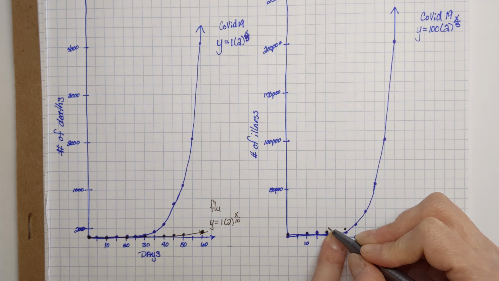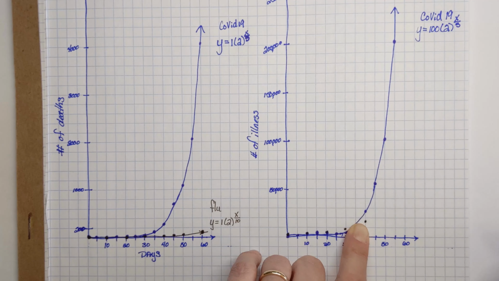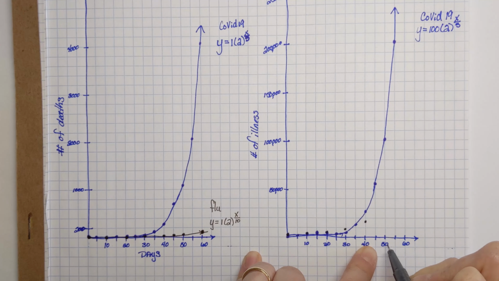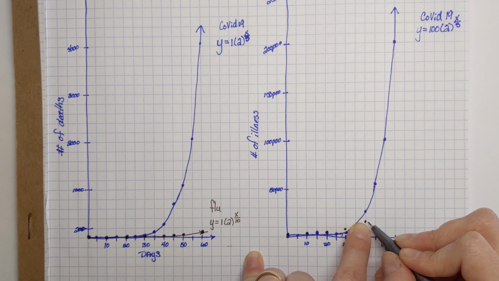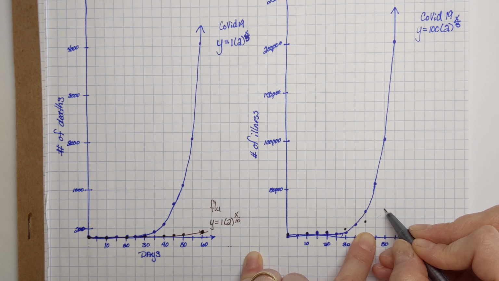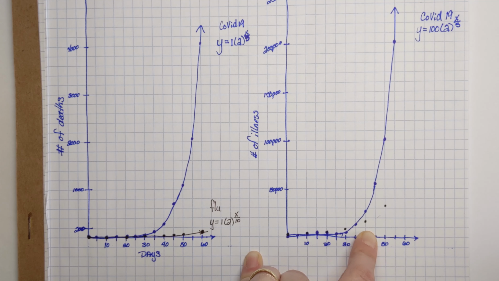Now remember I'm at 10 here, so this is 16,000 about here, and then 10 days later, I'm going to be at 32,000, so that's 10, 20, 32, okay?